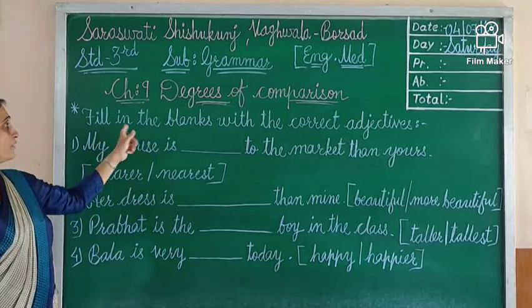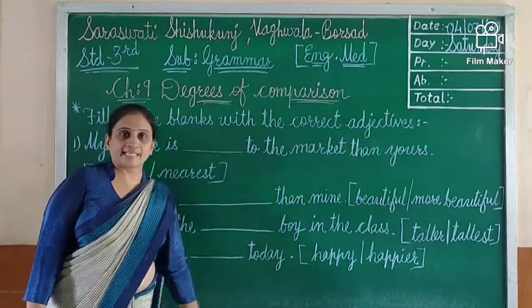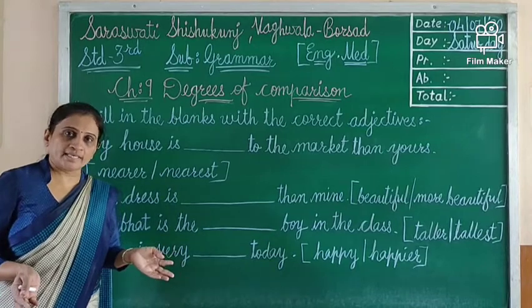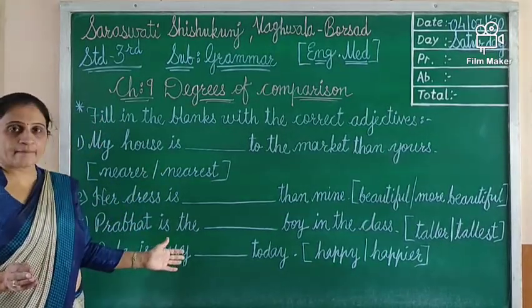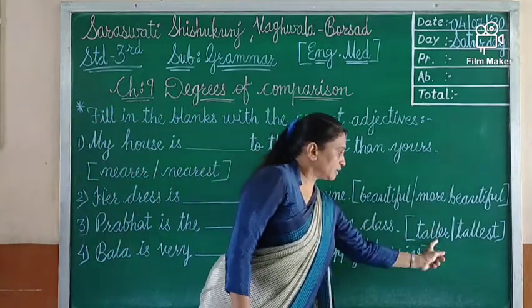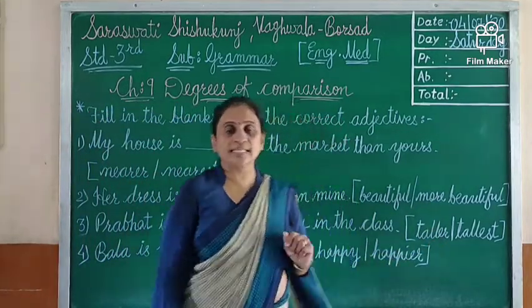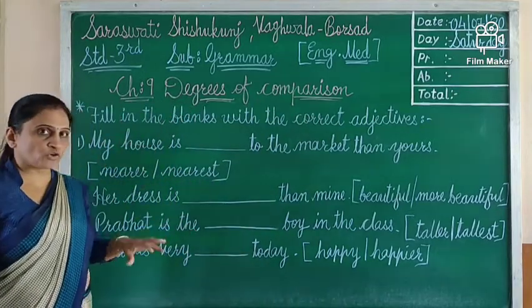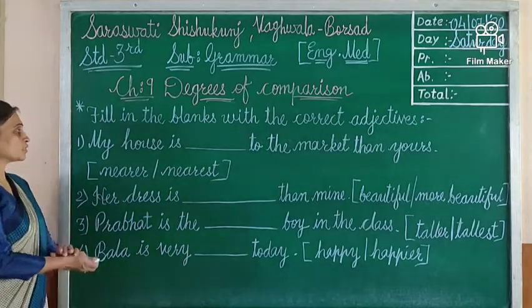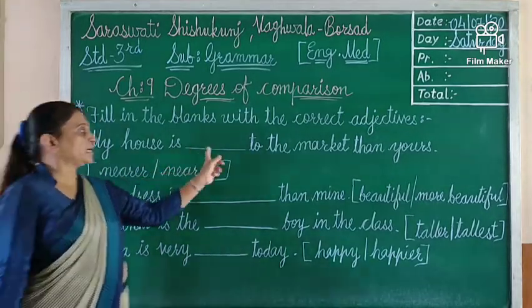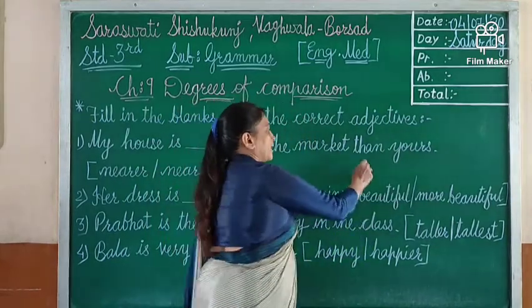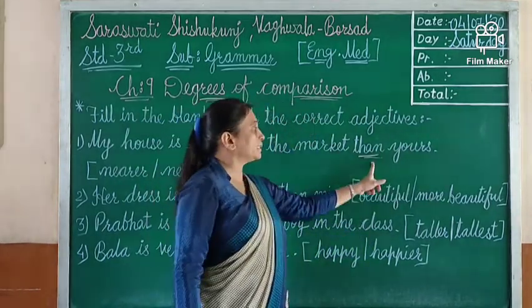Now see this. Fill in the blanks with the correct adjectives. In these blanks, I took four different examples. You will get two options and you have to select the correct option, because there are four rules, so you will get four different answers. First of all, my house is dash to the market than yours. Children, you have to remember the word than is for comparison degree.